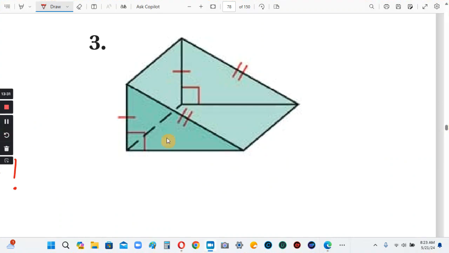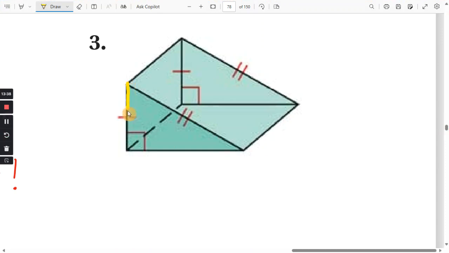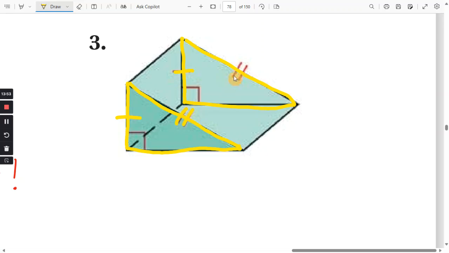Last one, number 3. See if you can name it. All right, notice this part right here. That's clearly a triangle. And now in the back, right here, we have the exact same triangle. How do I know? Because this is marked congruent to that. This is marked congruent to that, and we have right angles.